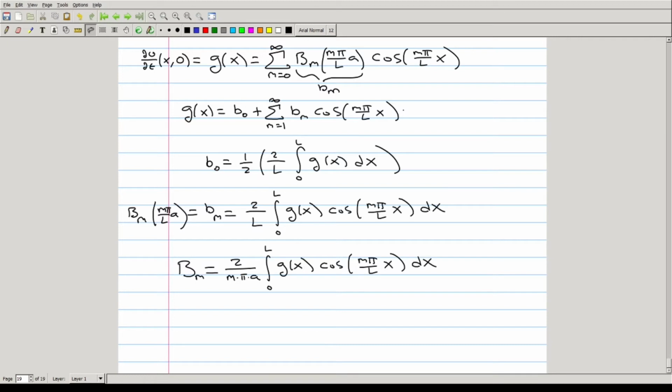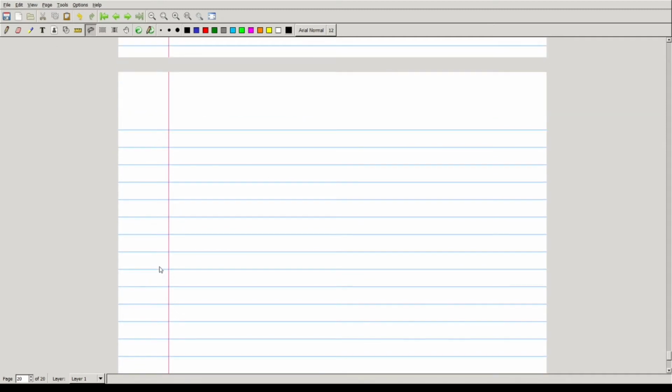So let's go through and do this for a specific set of initial conditions. Specifically, we'll assume that the initial displacement is the function x, and the initial velocity is the constant function 3, so positive 3.